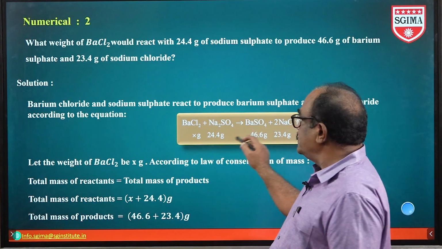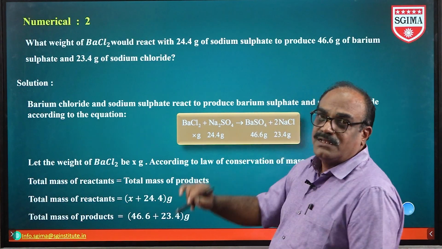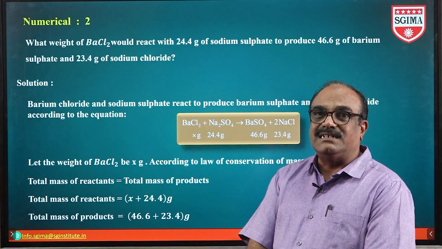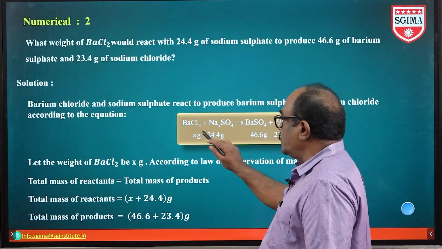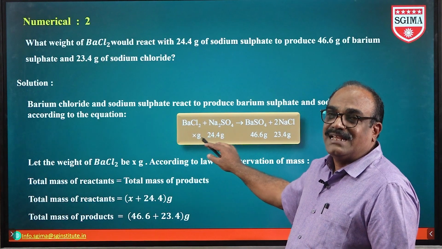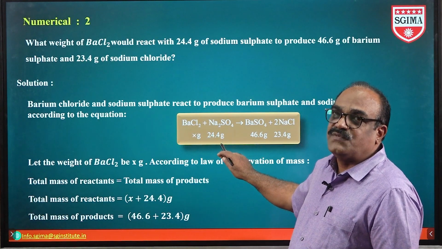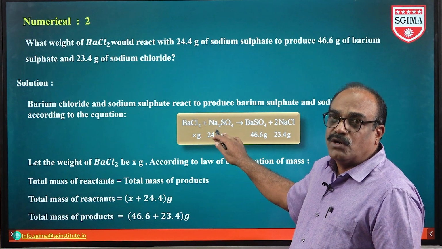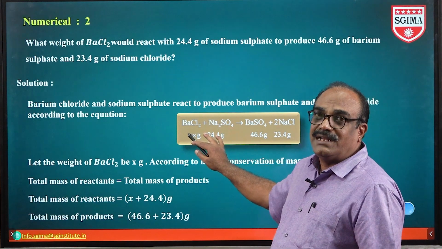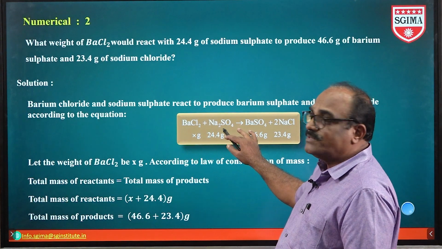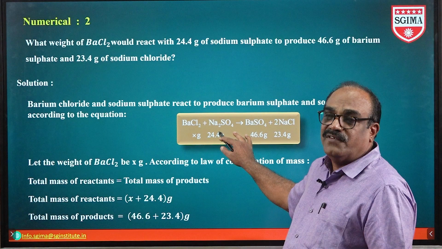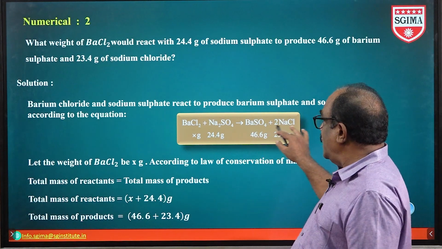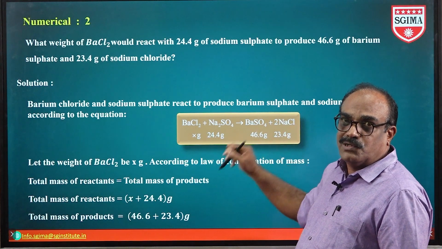Particularly in this case, BaSO4 is a water insoluble precipitate, it will settle down to the bottom. So this reaction is being conducted in aqueous solutions. When barium chloride solution and sodium sulfate solution are mixed, barium sulfate, a white precipitate, will be formed along with sodium chloride aqueous solution.